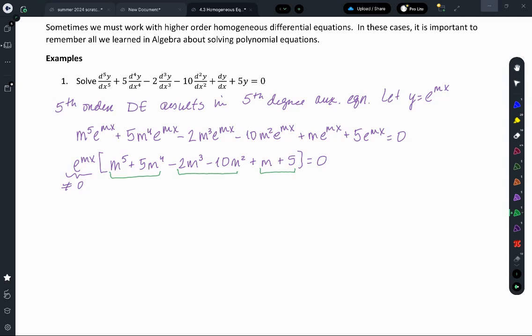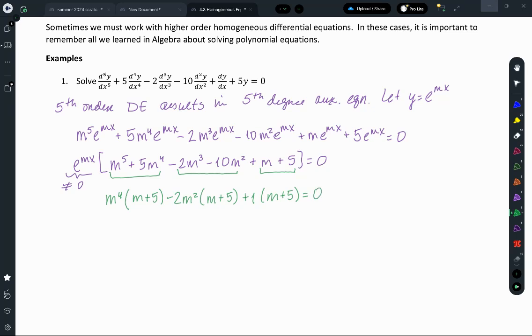The first 2 terms have an m to the fourth in common. That leaves behind an m plus 5. The second 2 terms have a minus 2 and an m squared in common. When I factor out minus 2m squared, I leave behind m plus 5. The last 2 terms have a 1 in common. When I factor that out, it leaves behind an m plus 5.